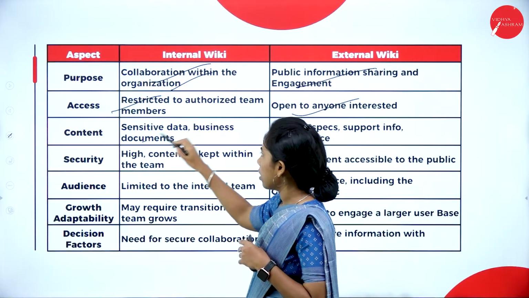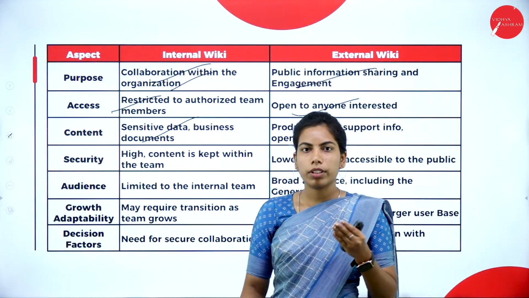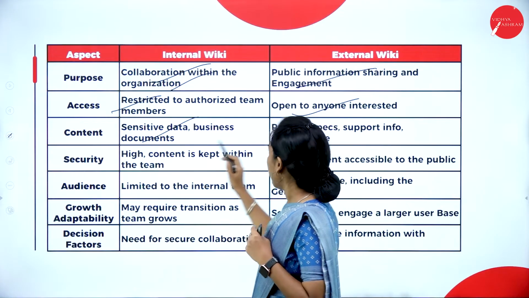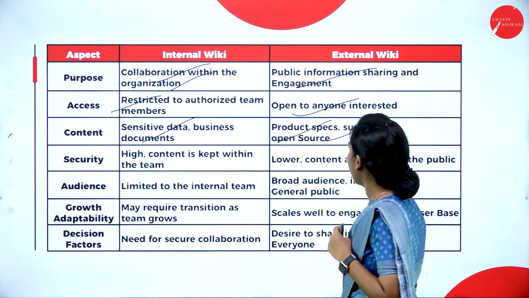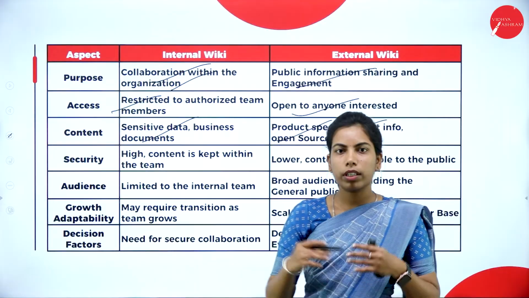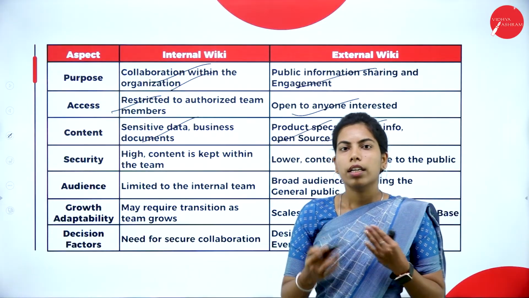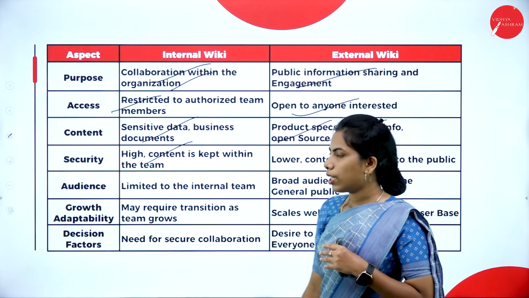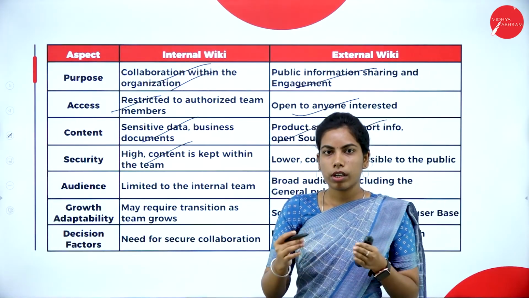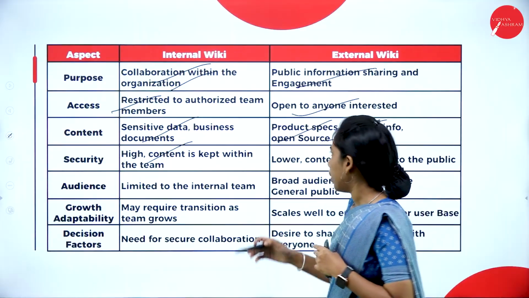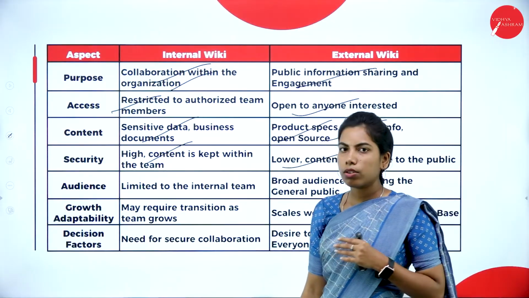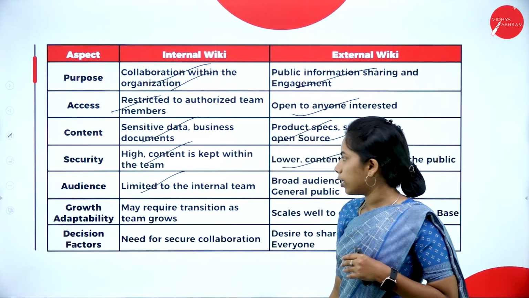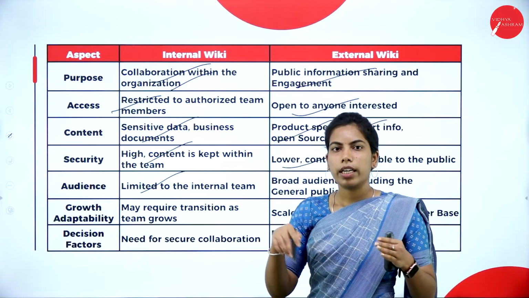Coming to the content: sensitive data and business documents, mainly private data, can be shared in the internal wiki. In the external wiki, there are product specs, support, and also open source. Everyone can access and share the information, that is why it is open source. Security is high in the internal wiki, as content is kept within the team. Only selected people or the individual organization can keep the data. But in the external wiki everyone can access the data, so security is less. Coming to audience, the internal wiki is limited to the internal team, and the content is shared with the internal team only.